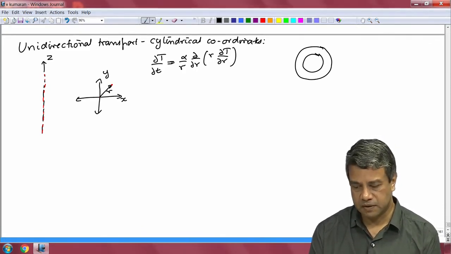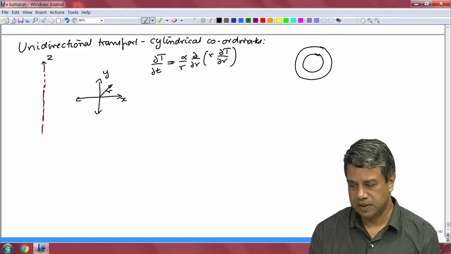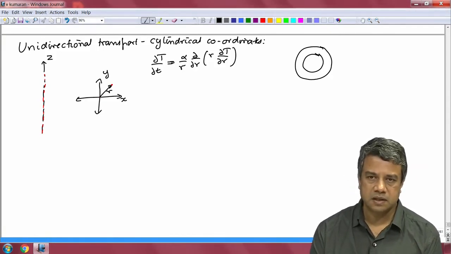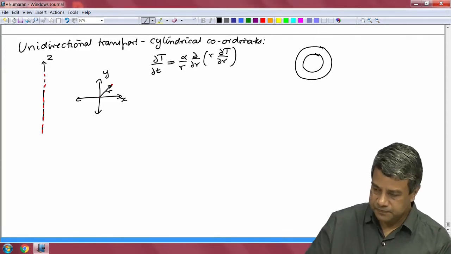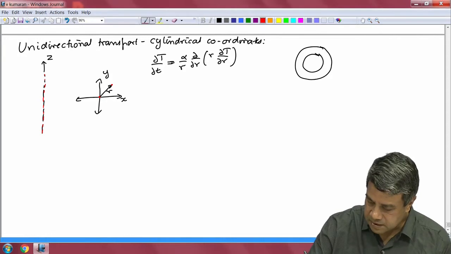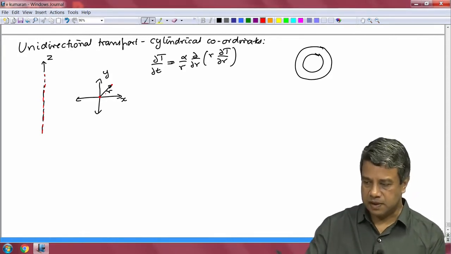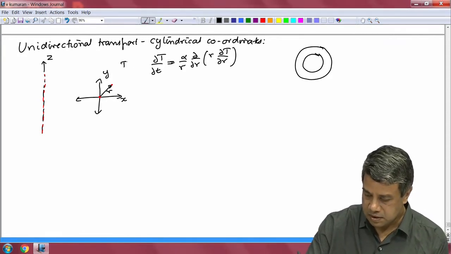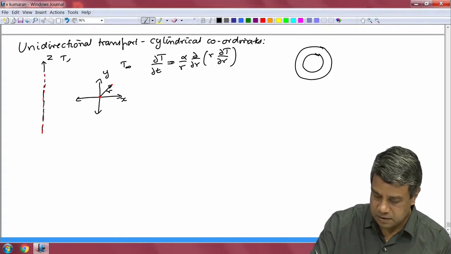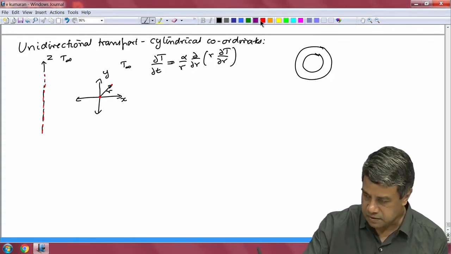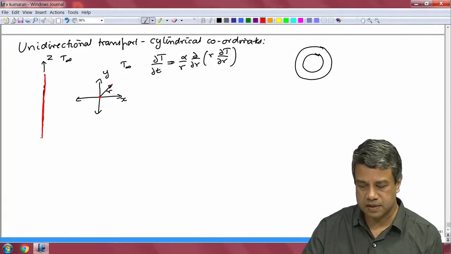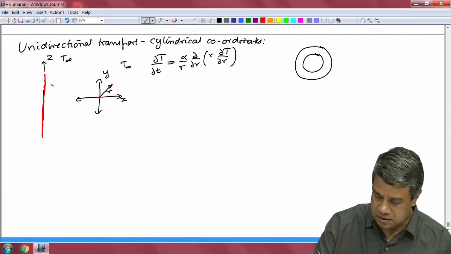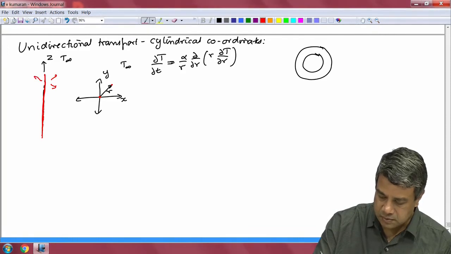In cylindrical coordinates, the equivalent of that is diffusion from an infinitesimal heat source placed at the center into an infinite medium with temperature T infinity far away. If I have a source of energy placed along the axis, that energy is going to get conducted away from the axis.